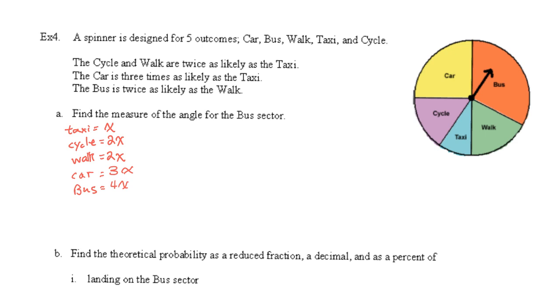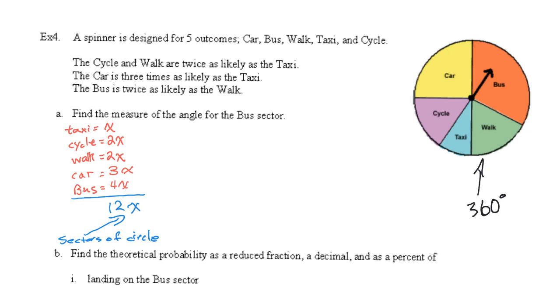Now, if I totaled this, 7 plus 5 is 12 X's. So this represents the sectors of the circle. Now we can use that to our advantage because we know that every circle has 360 degrees, right? And now it says, find the measure of the angle for a sector, right? For the bus sector. How the heck are we going to do that?